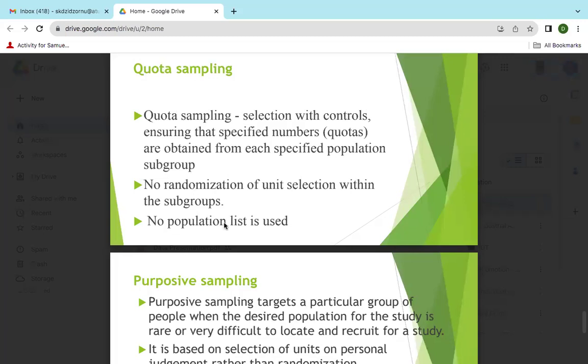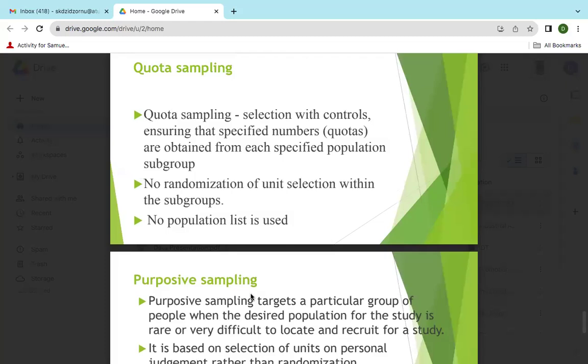Even if you look at the convenience sampling frame, there was no randomization. It could happen that all the 500 people are coming from the same department or the same faculty, but we really don't care. We're only interested in engaging with people who are in proximity to us. That's all.